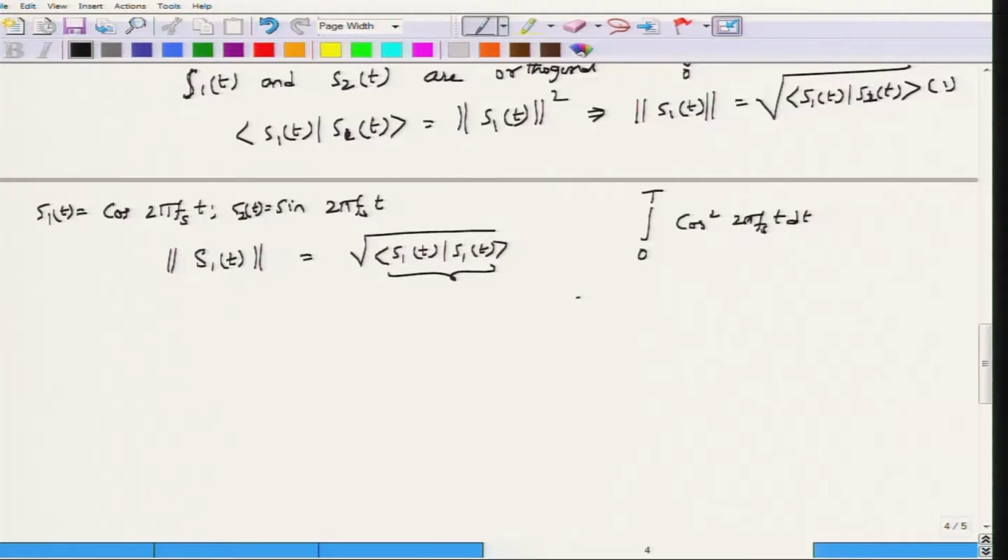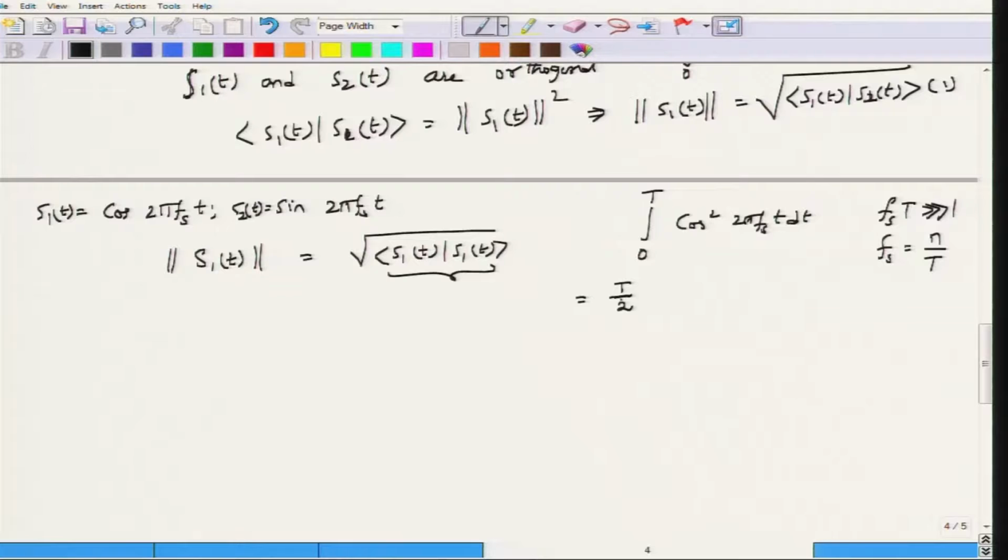I know that cos square theta can be written as 1 plus cos 2 theta divided by 2, and then that cos will integrate away to 0, because I am assuming that fs into T is much larger than 1, or if you are not happy with that, I can consider fs to be some integer multiple of 1 by T. So, it must be some integer multiple, or very large compared to 1, so that all these high frequency oscillations are gone, and what I get is T by 2.